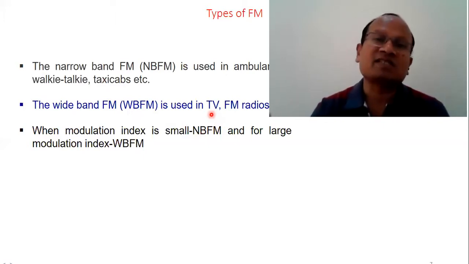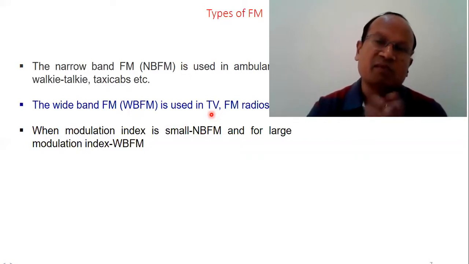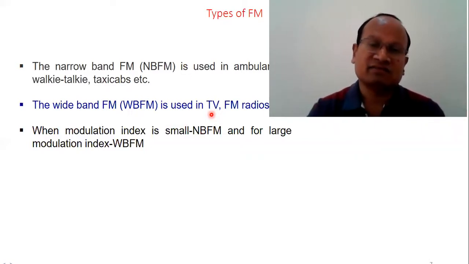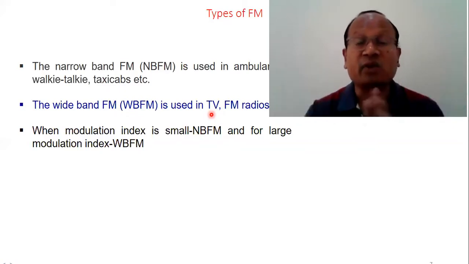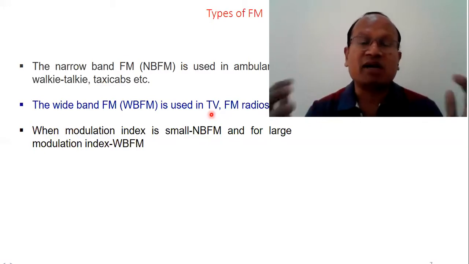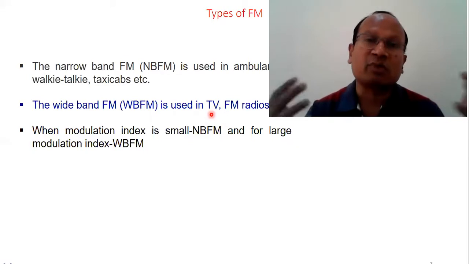TV transmission is broadcast over a large geographical area, so we need more bandwidth. FM radio doesn't cater to a small town or a city; it caters to even larger than a metropolitan city.